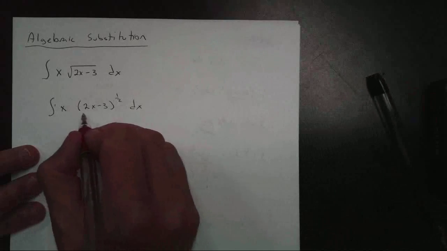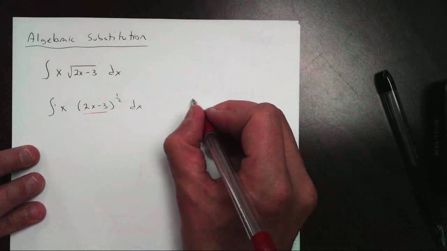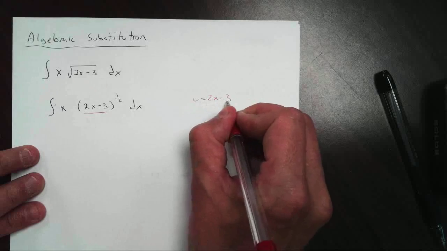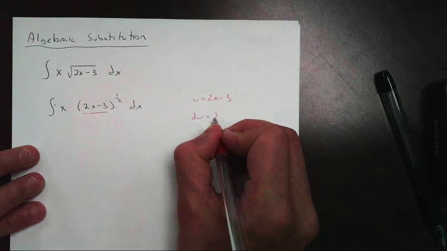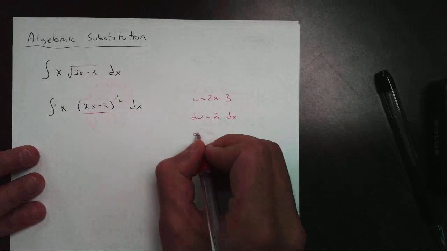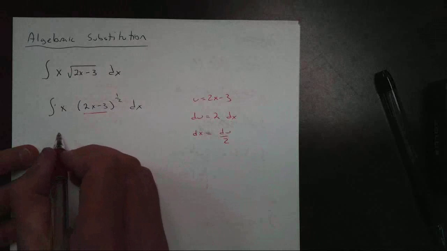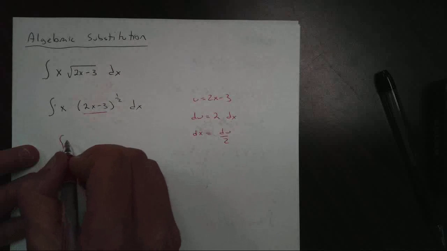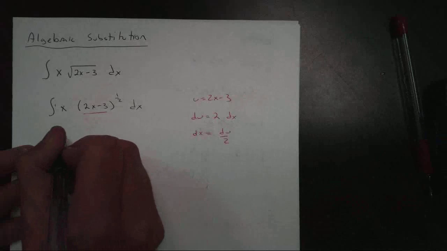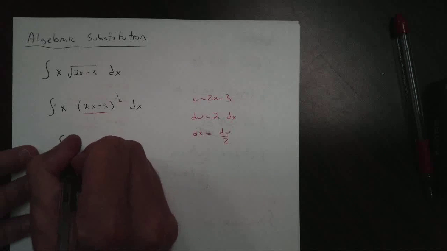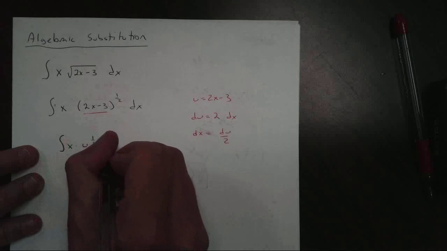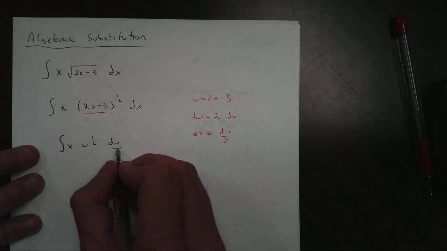I'm going to let my u be the 2x minus 3, just like we have done. Du becomes 2 dx, and our dx becomes du over 2. Replace it. I'm going to get x u to the 1/2 du over 2.